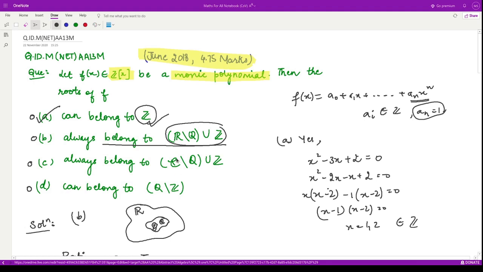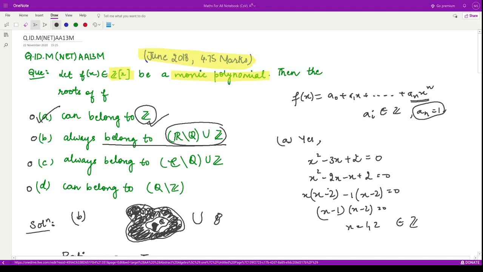Now they are asking R minus Q. R minus Q is basically this set, and this set has been unioned with this small set Z, the set of integers. So now they are saying, whether our roots always belong to this set or not.